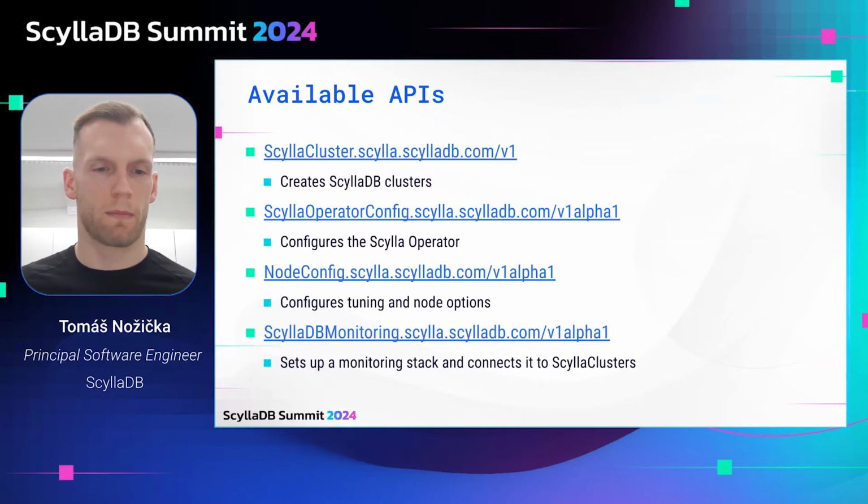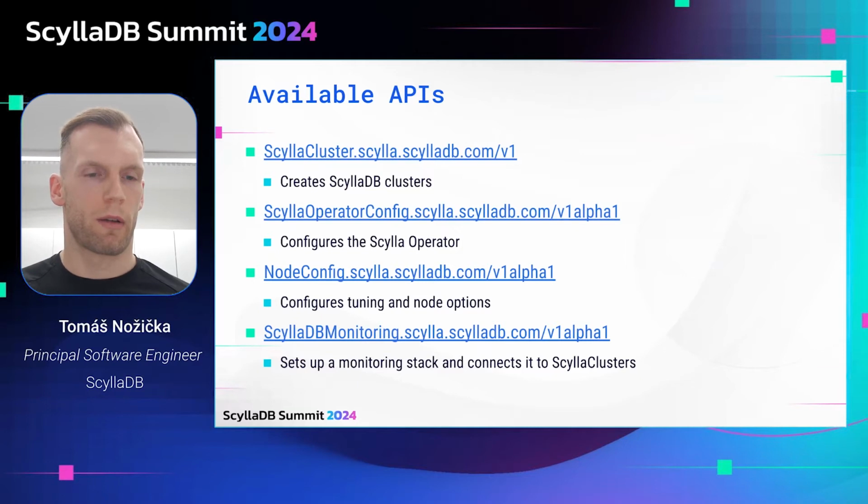With that, here's an overview of all the resources that are currently provided by the ScyllaDB Operator. We have already seen the Scylla cluster, which is the main resource that deploys ScyllaDB clusters. There is also a Scylla Operator config that configures the Scylla Operator. It allows you to choose the utility image or possibly log level in the future and options like that.